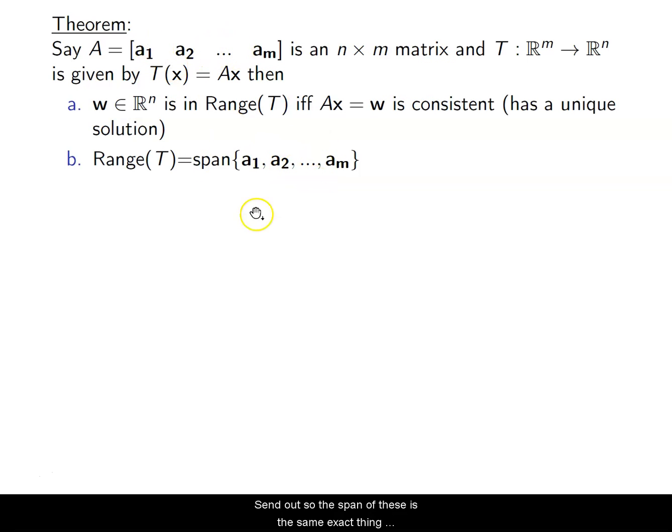So the span of these is the exact same thing as the range of my linear transformation. So we've been talking a lot about domain, range, inputs, and outputs: plugging in a vector and getting a vector out, which is the same thing as multiplying my matrix times whatever I'm plugging in.